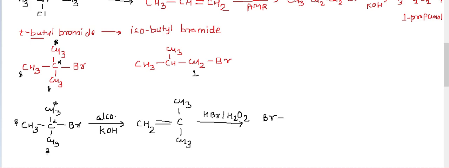So you just remember this. Now I am adding Br to this carbon, and now CH3 and CH3. I am writing this CH3 here, that's it. Okay, and now see what we have got. We have got isobutyl bromide.